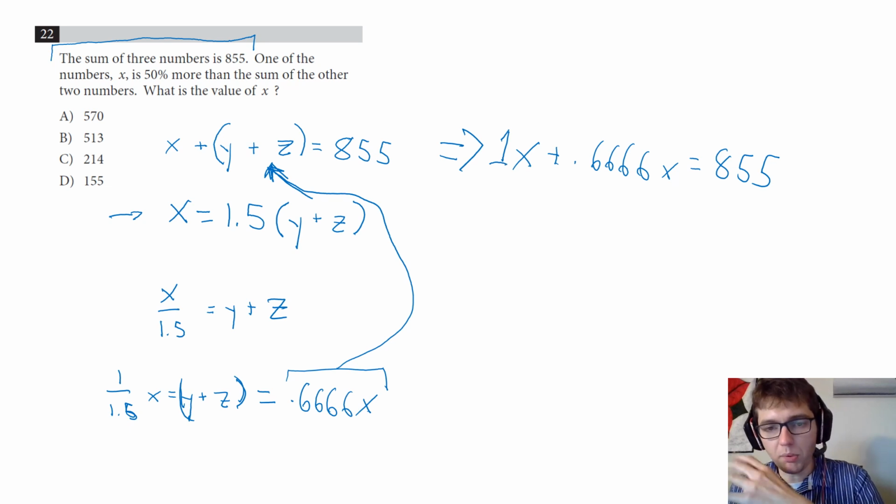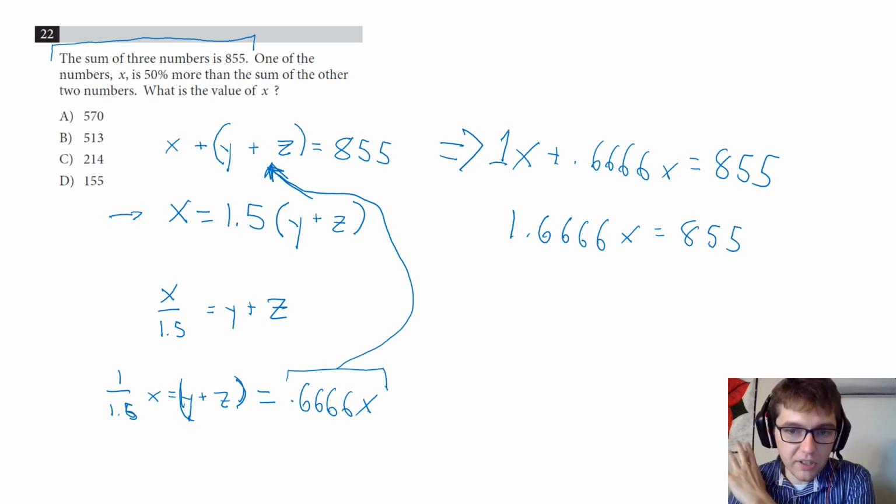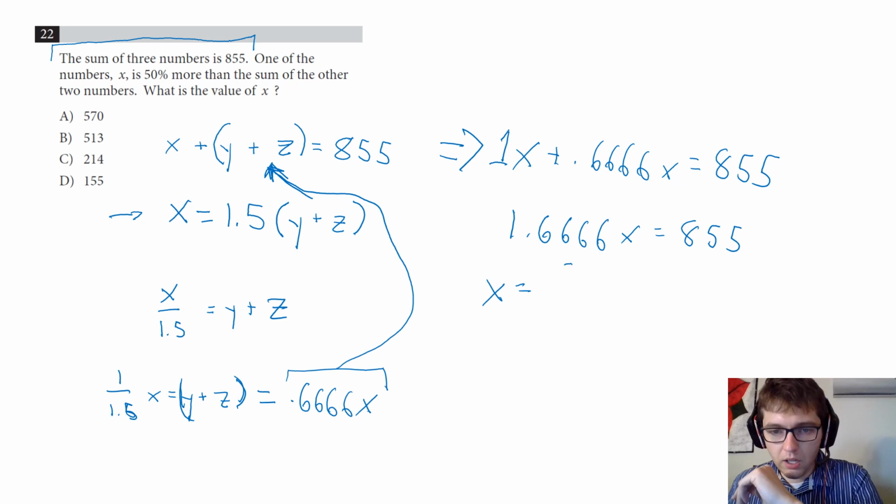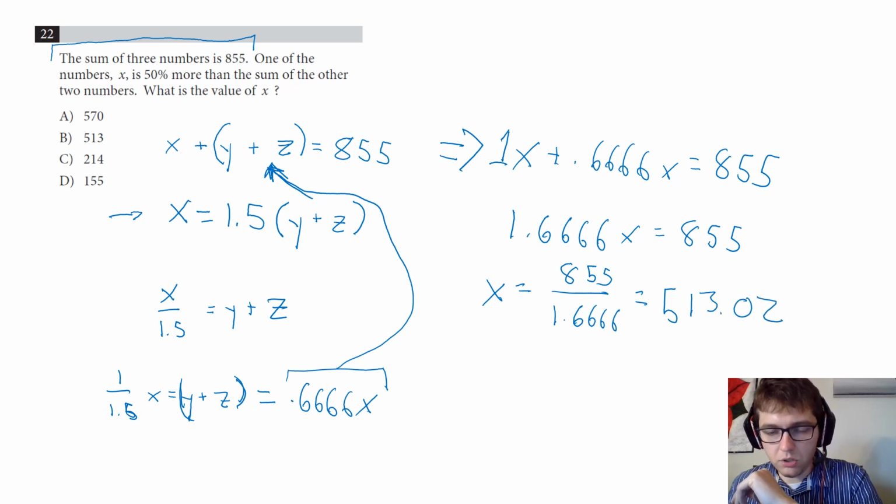So 1x plus 0.6666x is equal to 1.6666x is equal to 855. Divide both sides by that 1.6666. x is equal to 855 divided by 1.6666. Plug that into your calculator. You come up with 513.02.